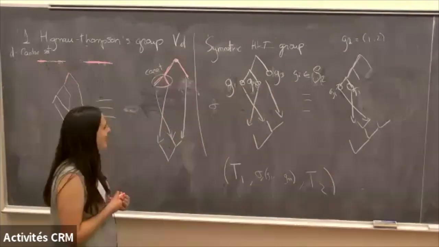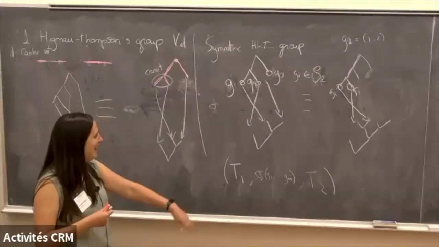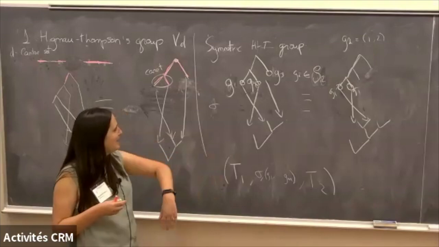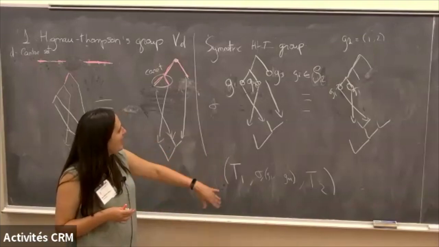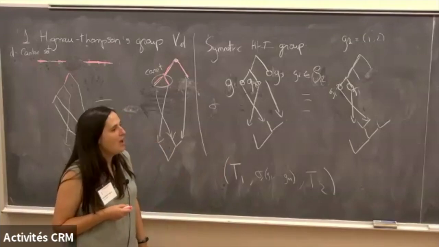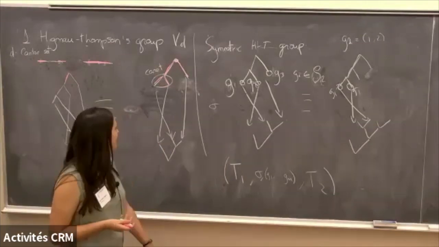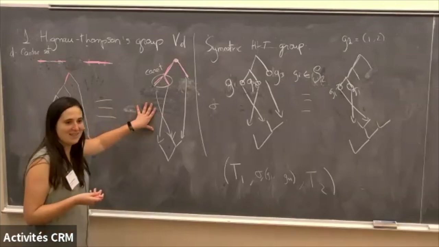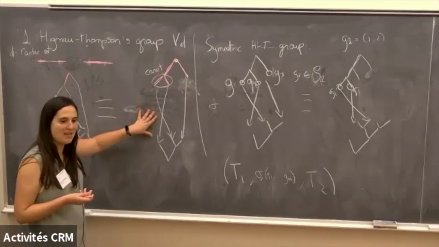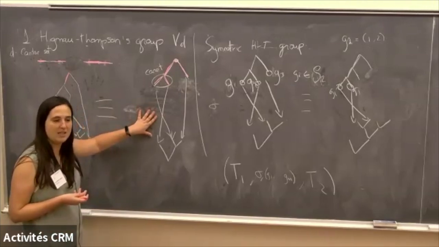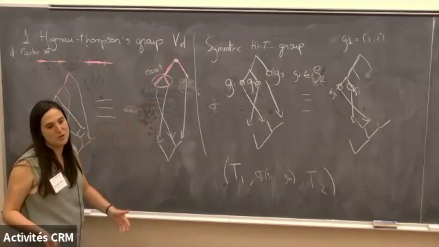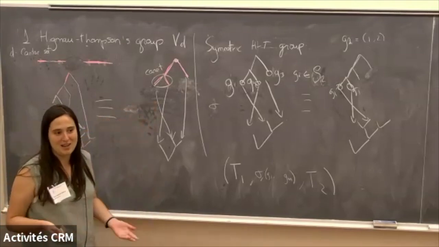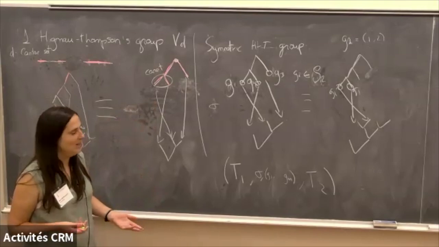It was my first postdoc in Dijon, so I invited him, and we explored the world of braided Thompson groups, which is the same as this, but the bijection is given by a braid instead of an element of the symmetric group. So you have many more options because you have infinitely many braids that can realize a bijection.